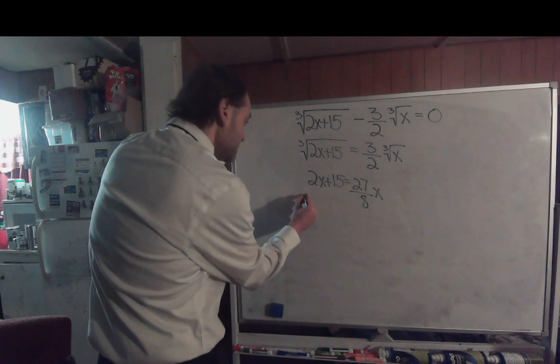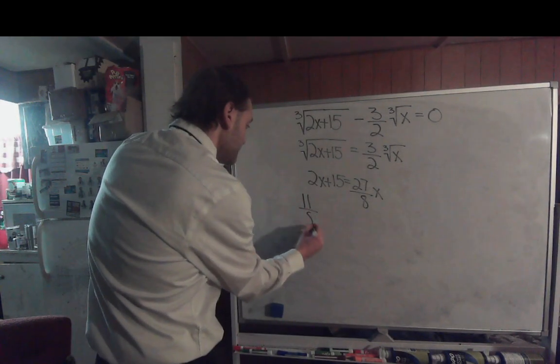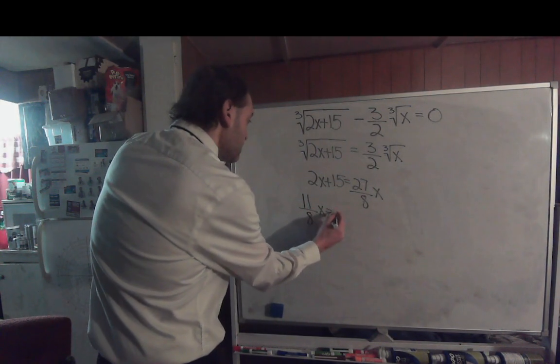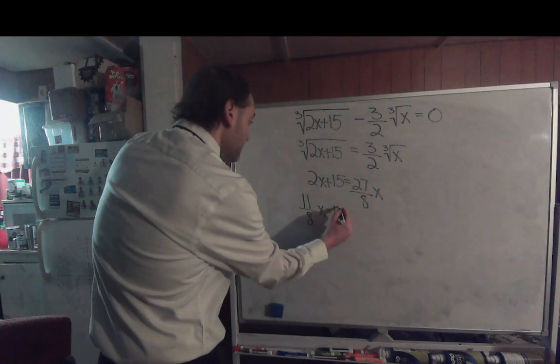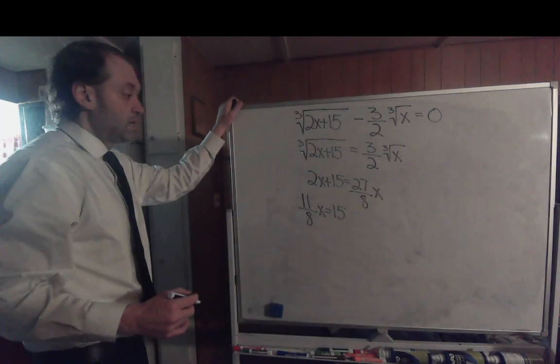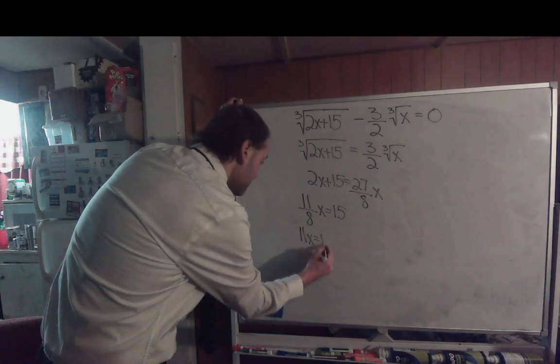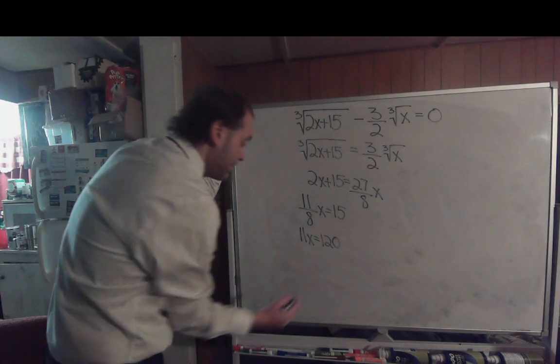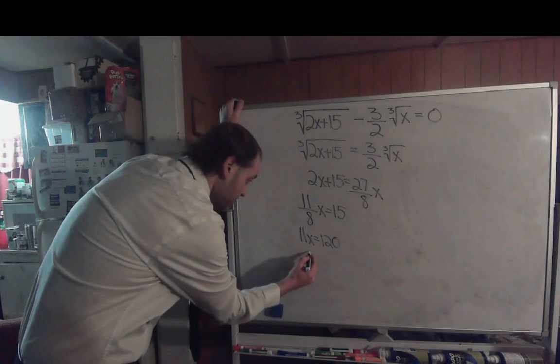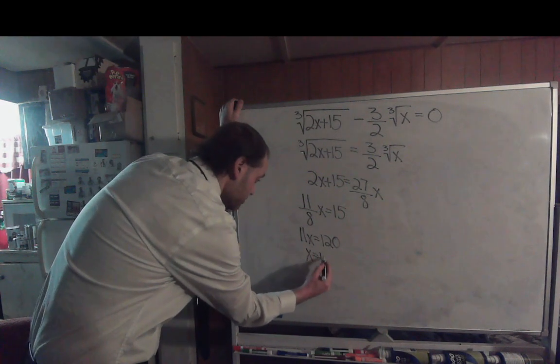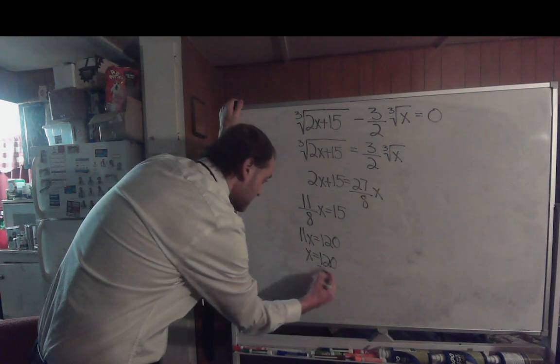So you would get 11/8 x would equal 15. And then you would get 11x equals 120, which would then give you that x would equal 120/11ths.